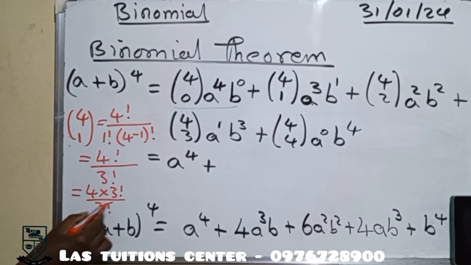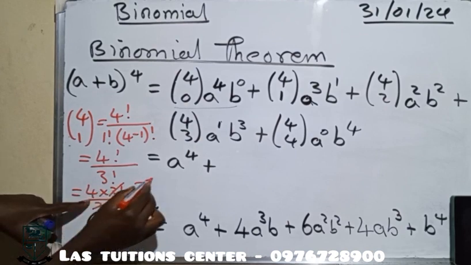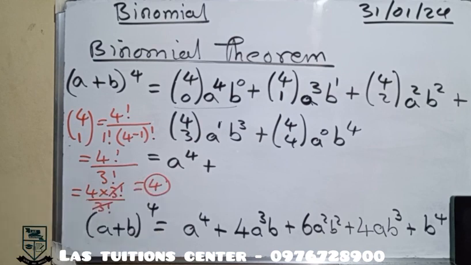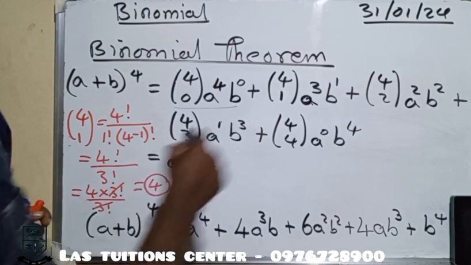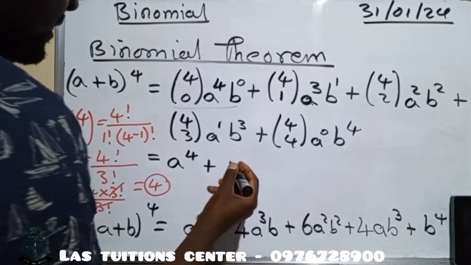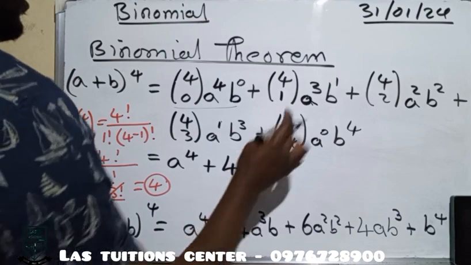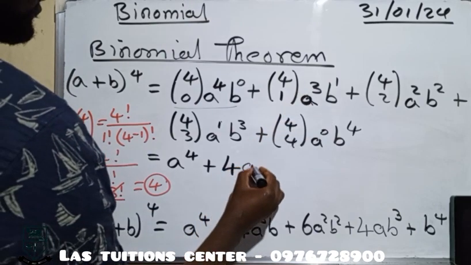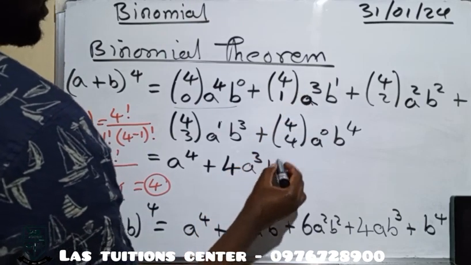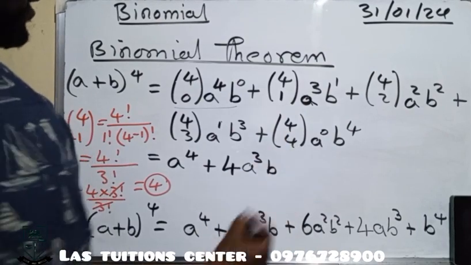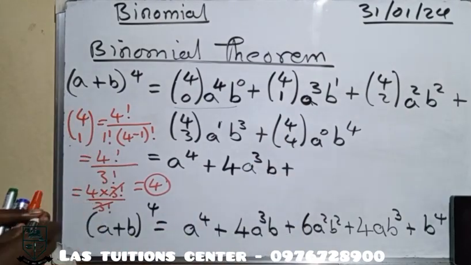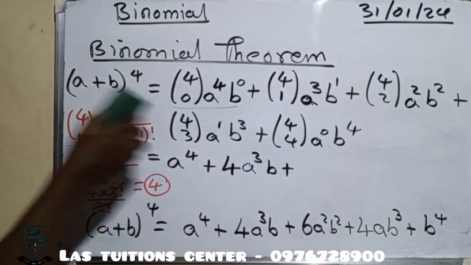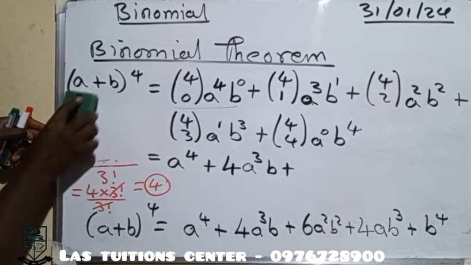This 3 factorial and that 3 factorial cancel, so we remain with just a 4. You see that? Yes, we remain with a 4. So here the coefficient is a 4. Then we have a to the power 3, b to the power 1, we can just write b. Plus, is that okay? Yes, sir. Yeah, let's try, get the ball here.